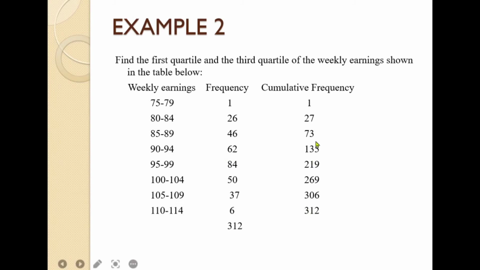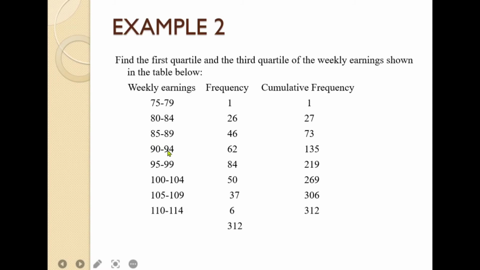Of course, if the maximum number here is 73, and this starts from 73.1 to 135, our first quartile class, which lies on the 78th position, lies here, and that is on the fourth class, which is between 90 to 94.